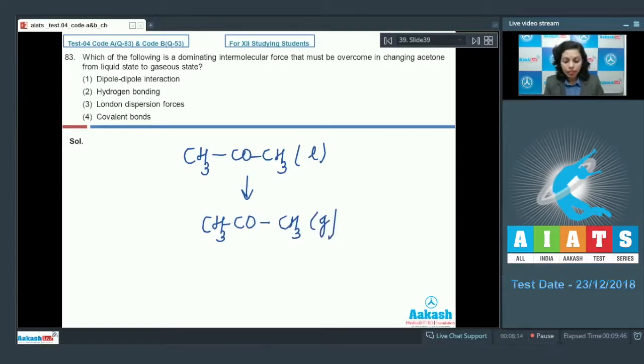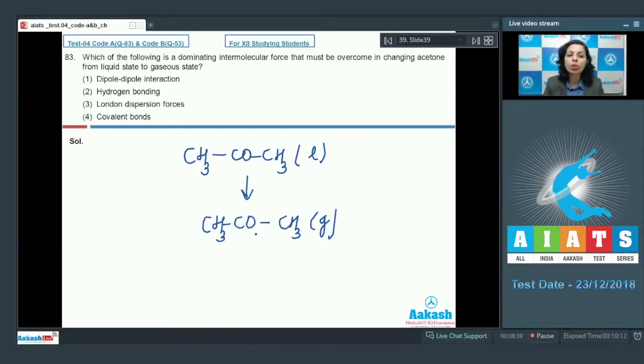Now in this case we have to identify the force. First is dipole-dipole interaction, then hydrogen bonding, London dispersion forces, and covalent bonds. In case of acetone, there is high dipole moment. It has dipole-dipole interaction, due to which there are intermolecular forces, and if you overcome those forces, you can convert liquid acetone into gaseous acetone.